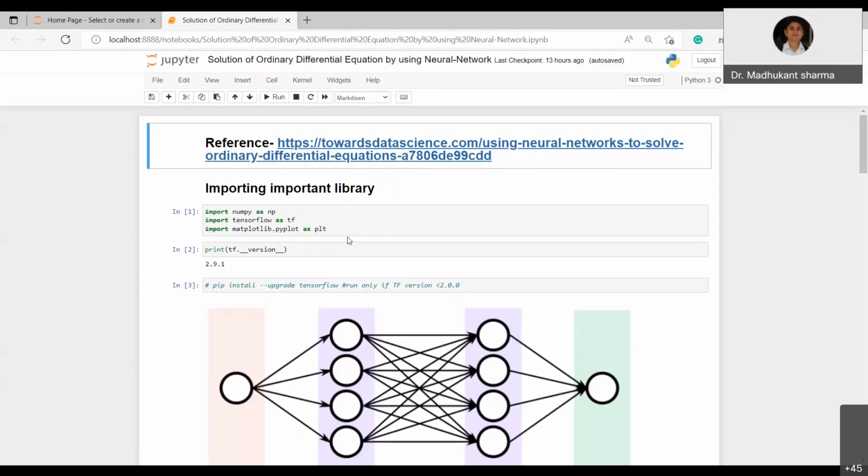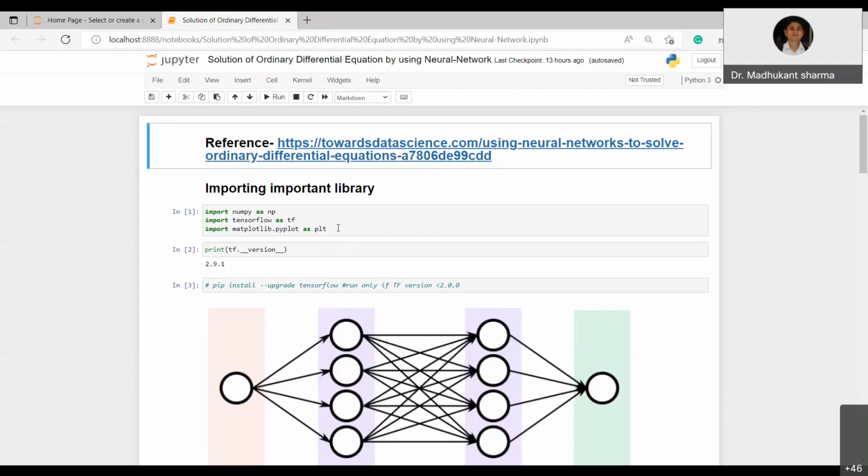We know that we solve differential equations by analytical methods, and there are some numerical methods also available. But sometimes an analytical solution may not be available, or in numerical approximation there is a computational problem and it is difficult to converge to the solution.